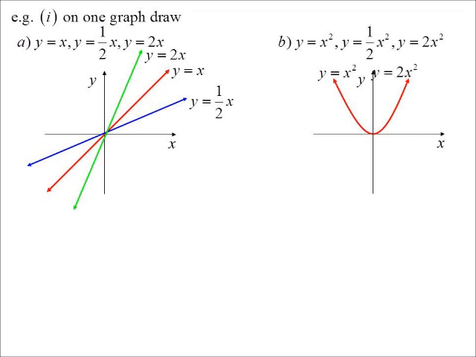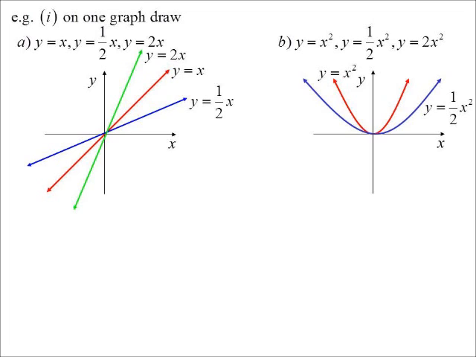But I can do the same with any shape. So I've got a parabola. There it is, y equals x squared. So if I look at y equals a half x squared, in this case, the half has to be associated with the y value, because the half's not inside the x squared.